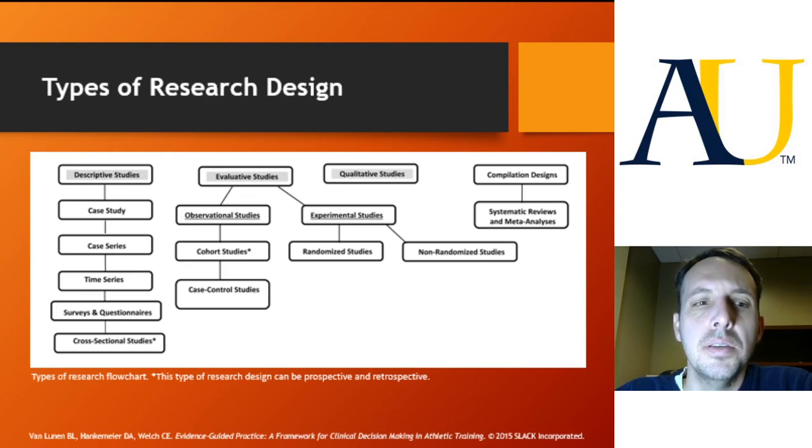So what causes what is the overall component, even though the reality is we're only looking at associations, but how we go about forming those associations may lead us to the ability to describe one as causing the other. And so, in order to do evaluative studies, we have to have a certain amount of control associated with external variables, and so these are considered higher level studies.